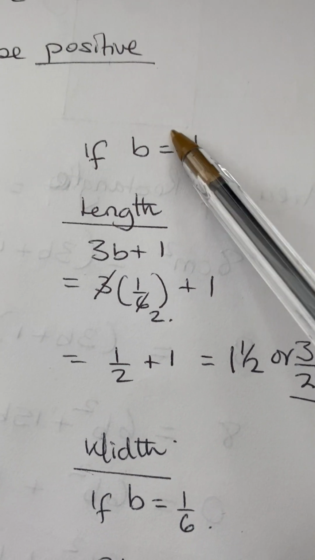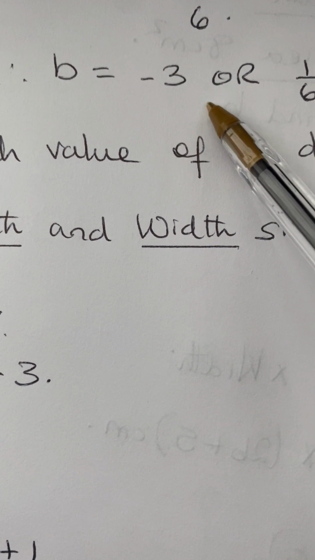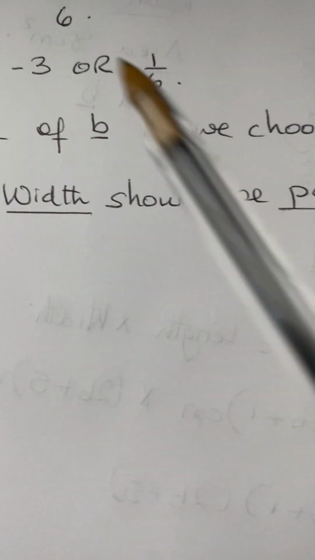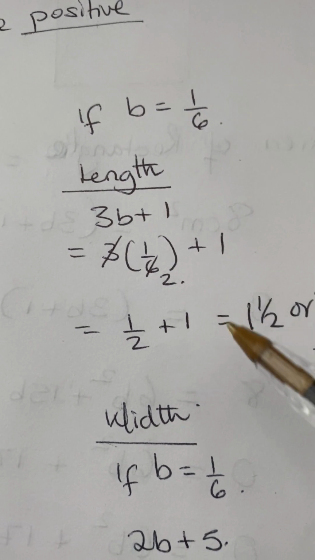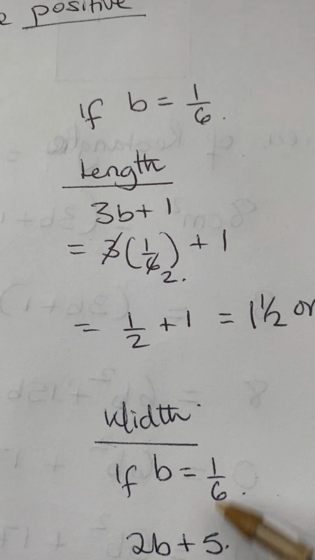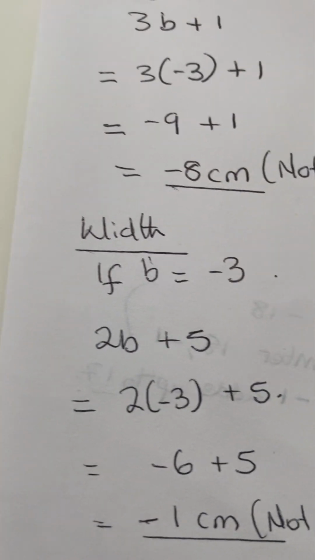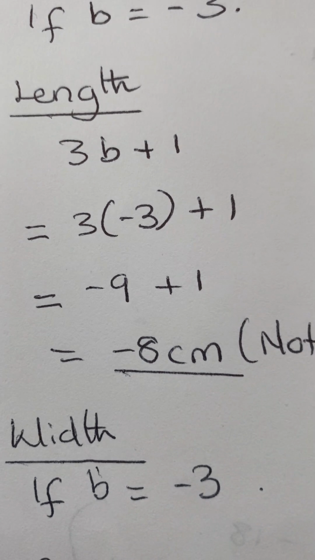So we'll definitely go by b equals 1/6. We won't choose -3. So even though we've got two values, to get the width and the length positive, b will be 1/6. So we choose b equals 1/6.